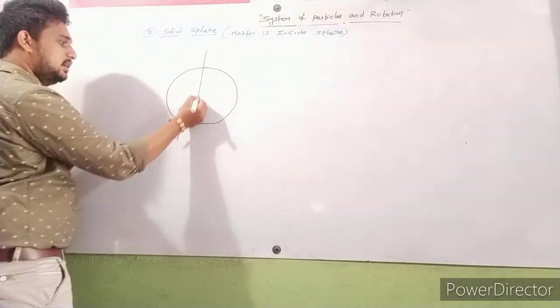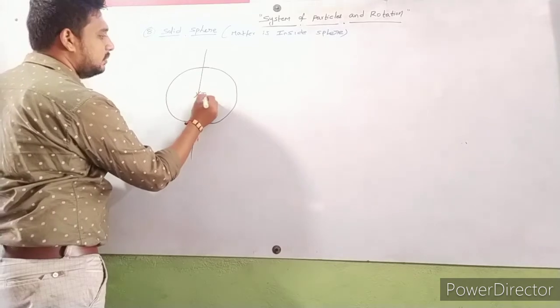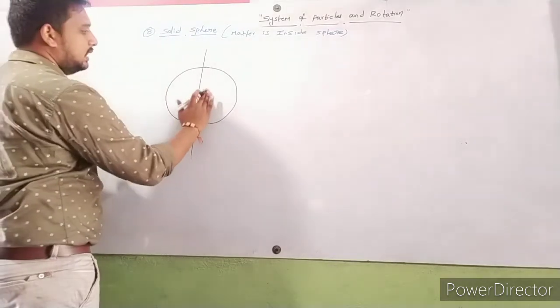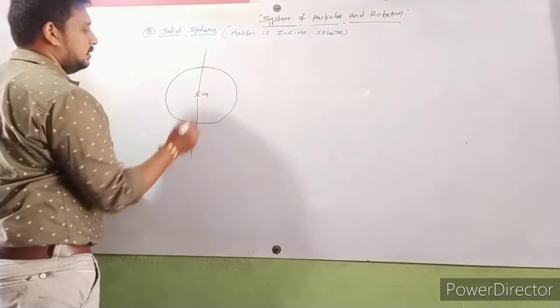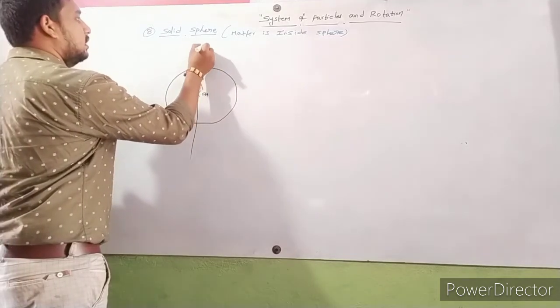For the solid sphere, this is ICM, the center of mass, and omega is the angular velocity.